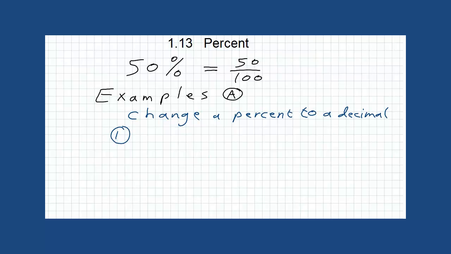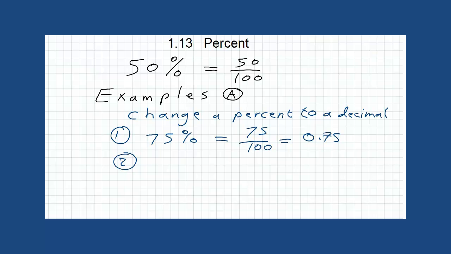Example 1, 75%. How can we change it to a decimal? Simply just write it as 75 over 100, and this can be written as a decimal, 75 hundredths.